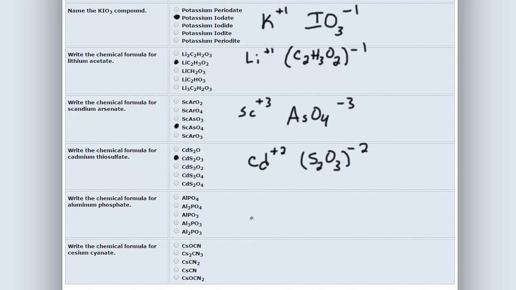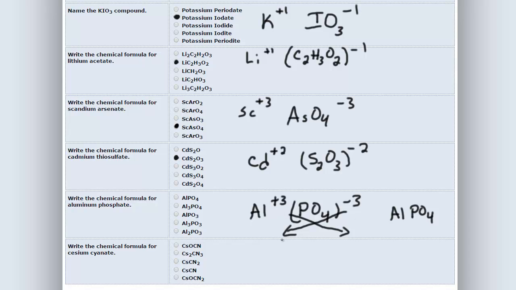Write the chemical formula for aluminum phosphate. Aluminum is Al, and it's a +3. And we know that phosphate, PO4, is a -3 charge. Aluminum phosphate. Go ahead and do that crisscross if you want. And then what we'll get is AlPO4.